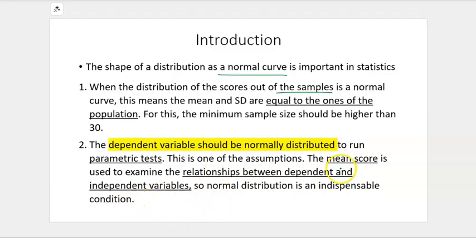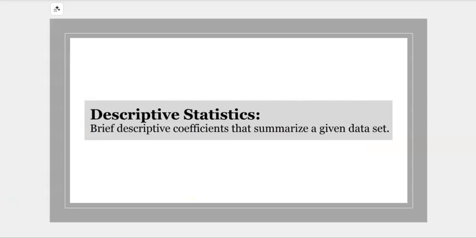So for the mean score to be meaningful, you should have the normal distribution. If not, that is skewness, and it doesn't reflect the right number to consider the sample equivalent to the population. That's why we need the normal distribution.